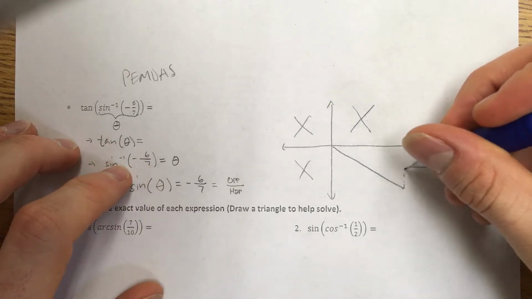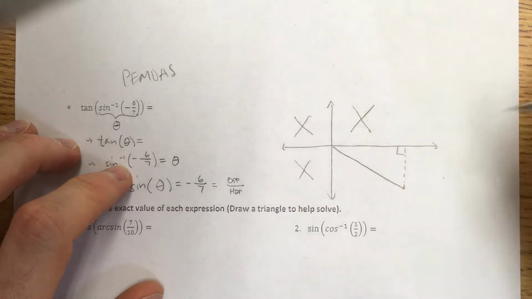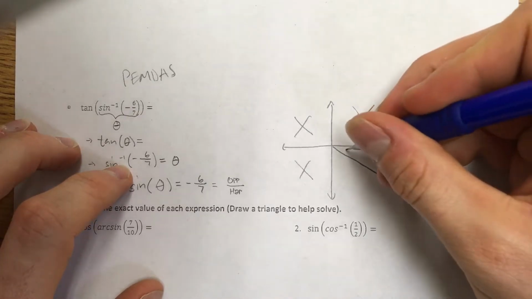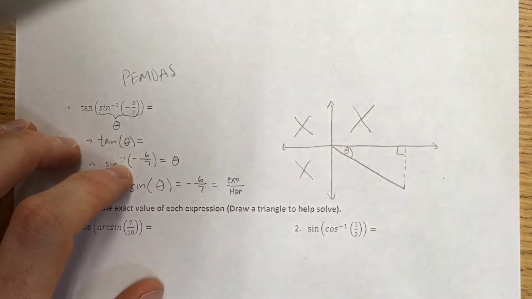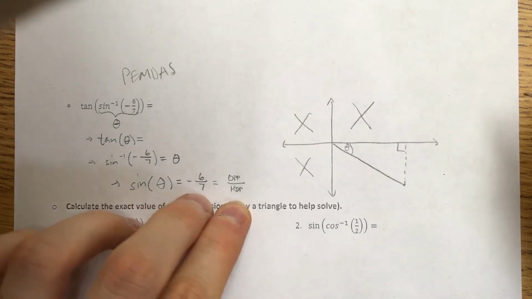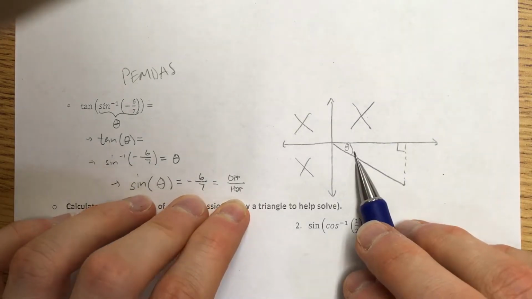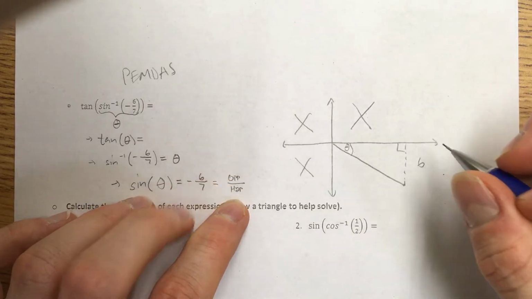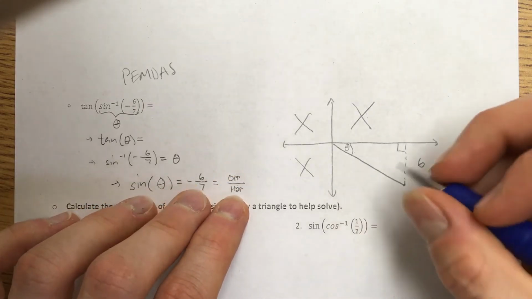And so we can draw our right triangle. Here, always go straight to your x-axis. Our angle theta is going to be closest to the origin. And we know that sine is opposite over hypotenuse. So if I'm looking here at theta, our opposite side will be 6. Our hypotenuse is going to be 7.